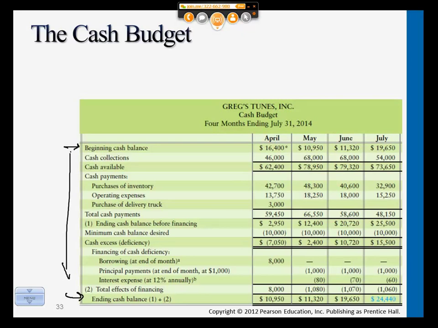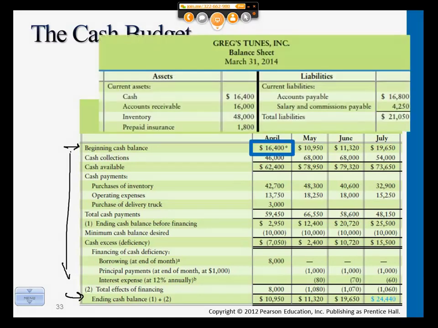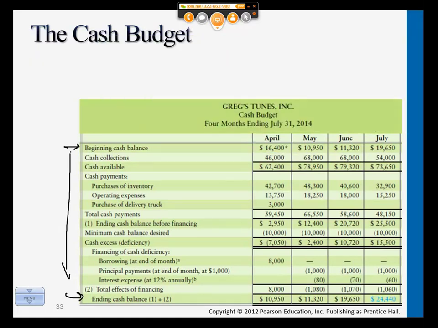So what are we going to add to this? We'll add different budgeted cash collections that we've just worked on in slides before. That's going to help us to determine what cash is available. Then we'll subtract different payments, all the cash payments that we've just made for the operating expenses, and whatever expenditures that we have.